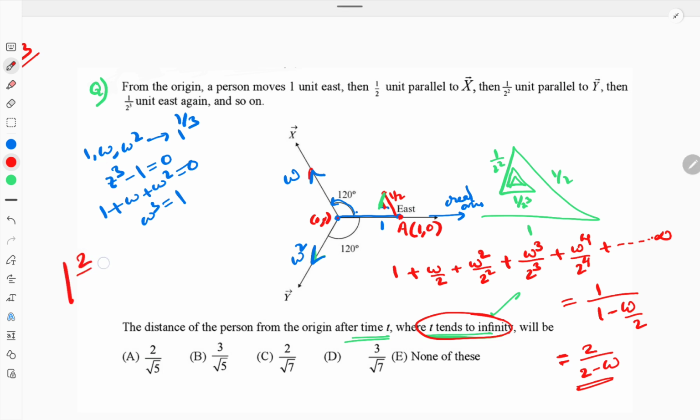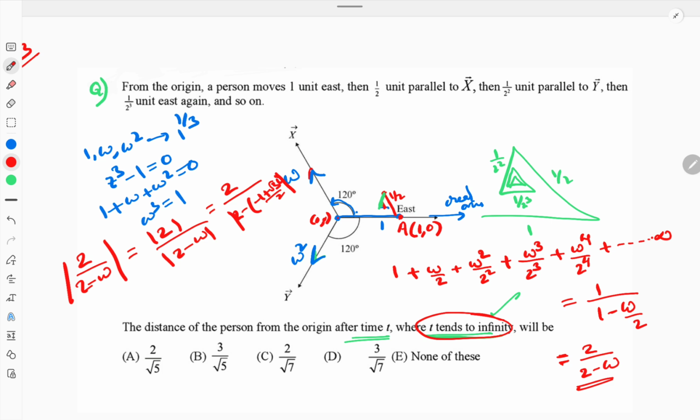So modulus of 2 by 2 minus omega: if you calculate it, it is modulus of 2 divided by modulus of 2 minus omega. So 2 divided by the modulus of 2 minus (minus 1 plus root 3 i by 2), which is omega.